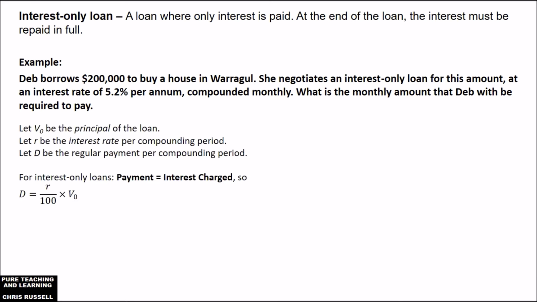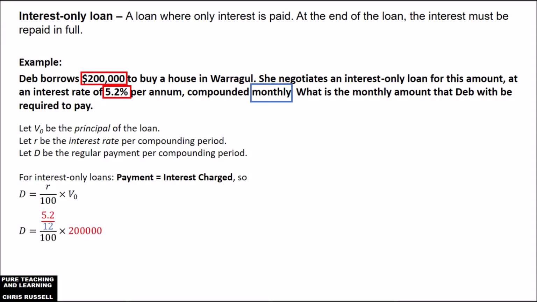So we let V0 be the principal of the loan, let R be the interest rate per compounding period, let D be the regular payment per compounding period, and for interest-only loans, payment equals the interest charged. So D, which is also known as the common difference, equals R divided by 100 multiplied by the principal.